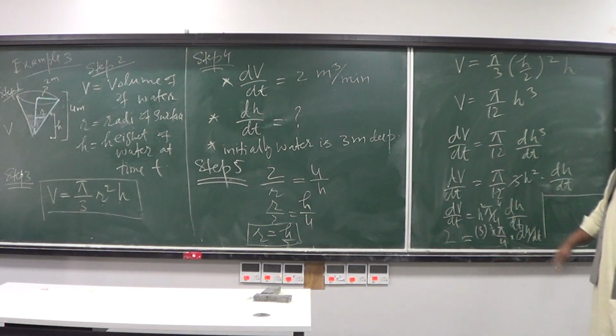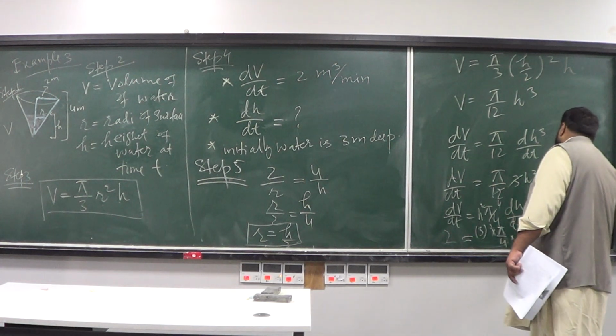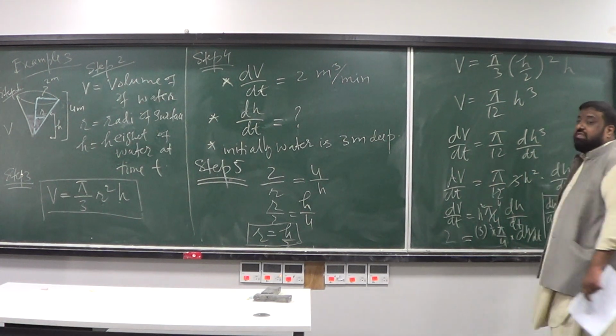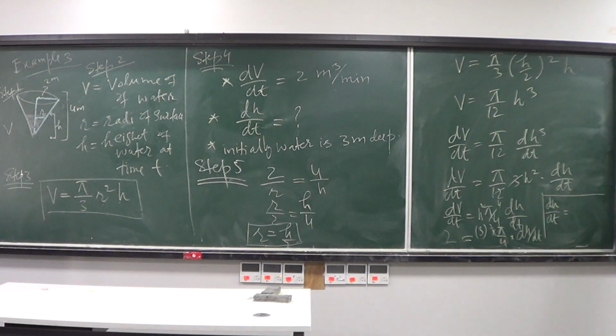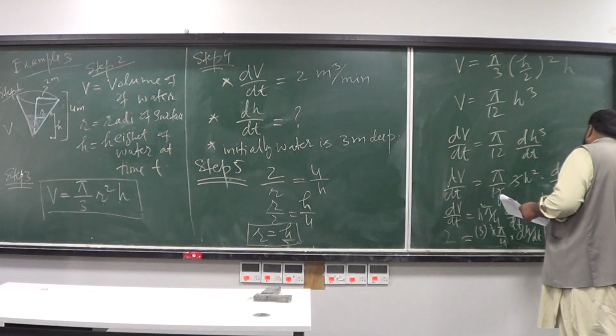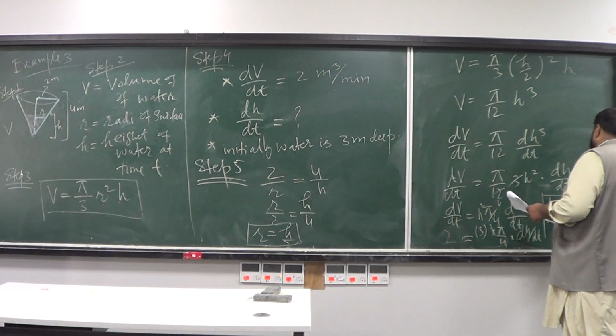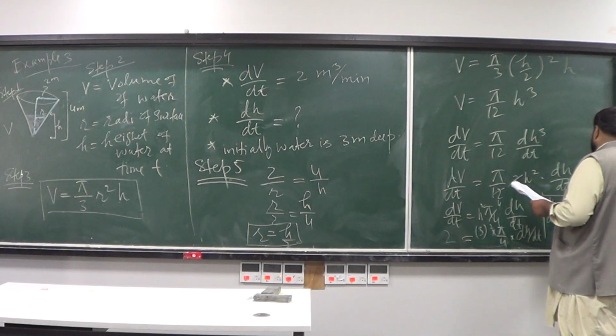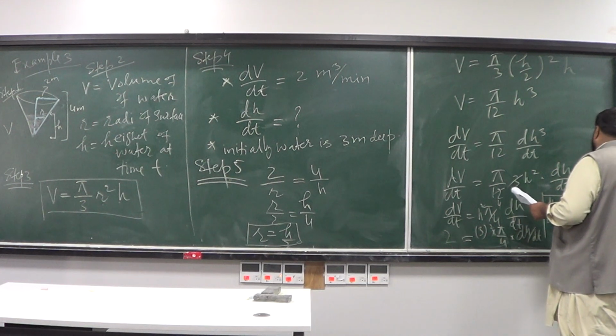Taking everything on the other side and doing the calculation will reveal that dh by dt, in other words the rate at which the water level is increasing, is approximately equal to 0.28 meters per minute.